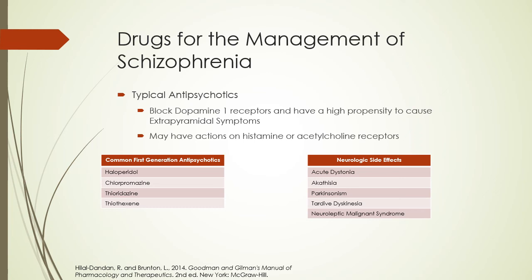And lastly, this is not an EPS, but is a very important side effect of these antipsychotic medications: neuroleptic malignant syndrome. When you see the word neuroleptic, that means antipsychotic. Neuroleptic malignant syndrome is an idiosyncratic reaction.